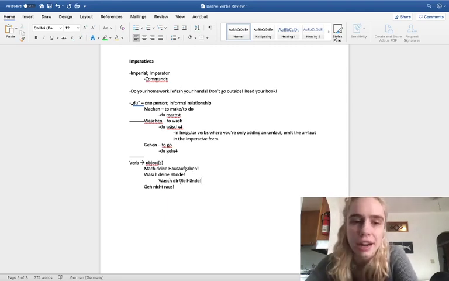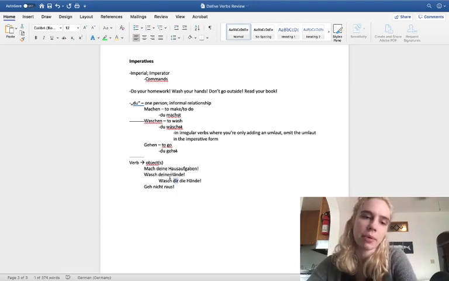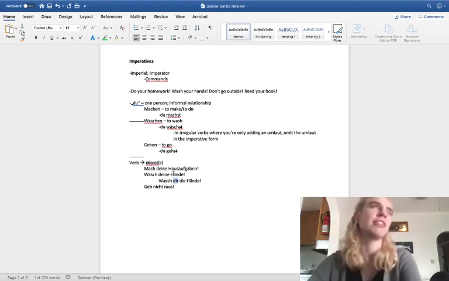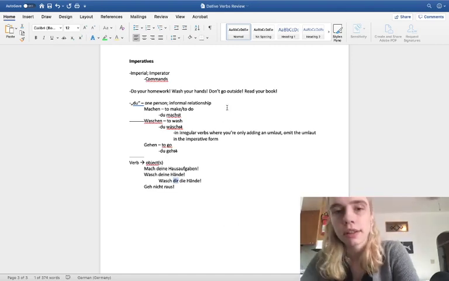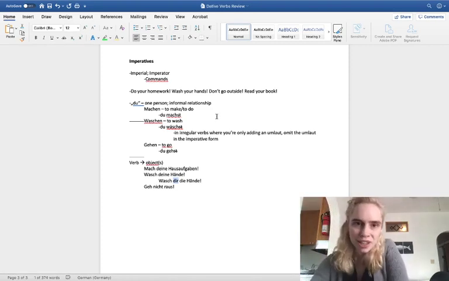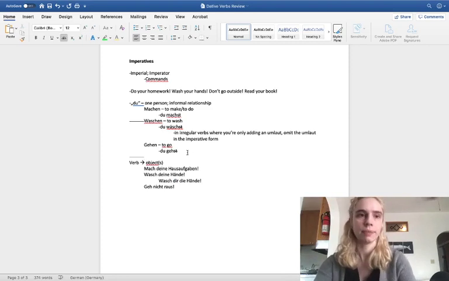So waschen is technically a reflexive verb. We haven't really talked about these, but what that means is that we have a pronoun in there. So like wash for yourself, the hands. That's something you'll learn more about next semester. Anyway, back to reading our book.